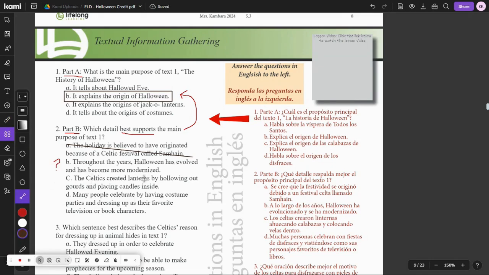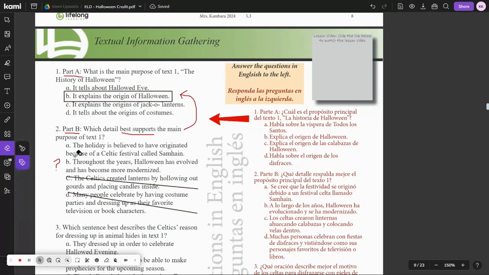The next one's the Celtics created lanterns by hollowing gourds and placing candles inside. It talks about that, but that's not the main idea. And that doesn't talk right here about the origins of Halloween. Many people celebrate by having costume parties and dressing up as their favorite television or book characters. That's a tradition, but it doesn't connect back to this one.